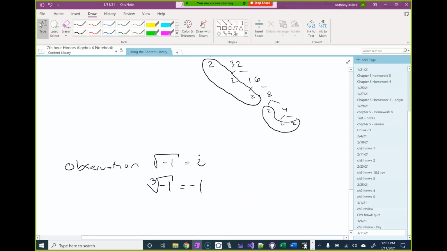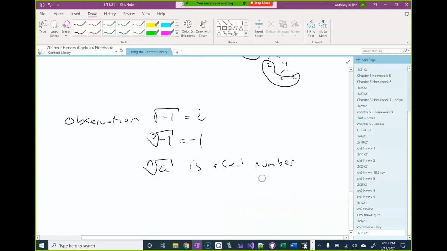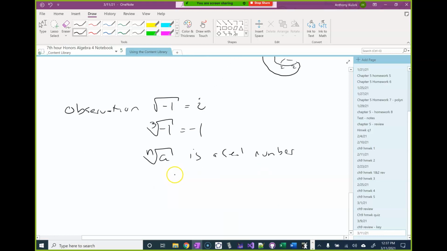So the takeaway here is the nth root of a is a real number when n is odd and a is negative.